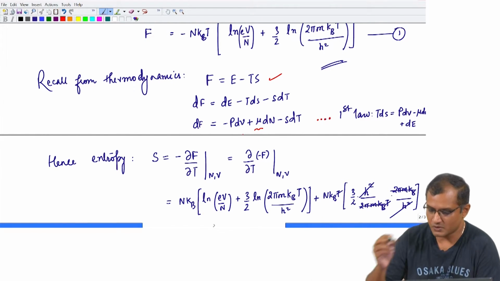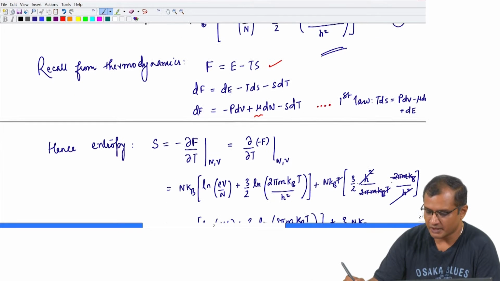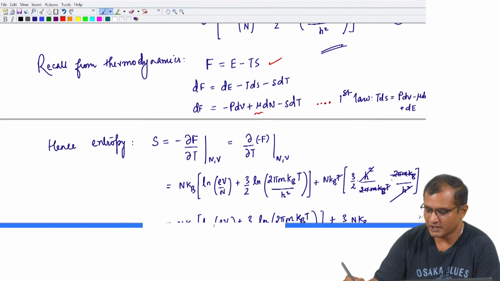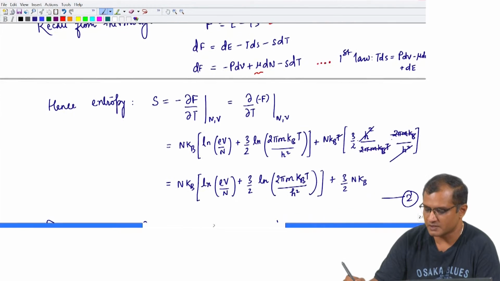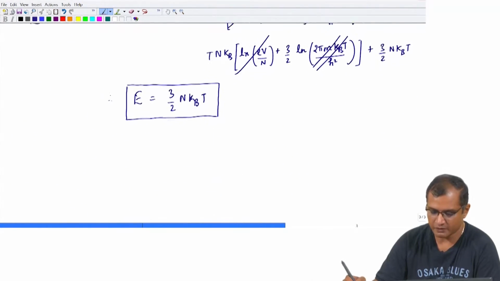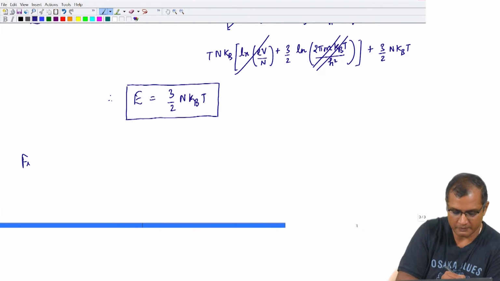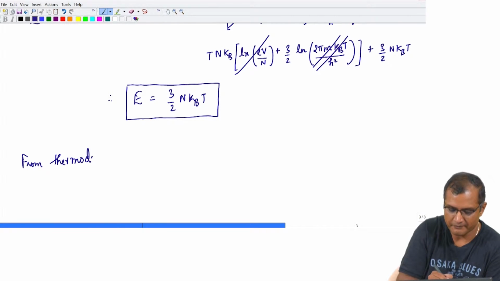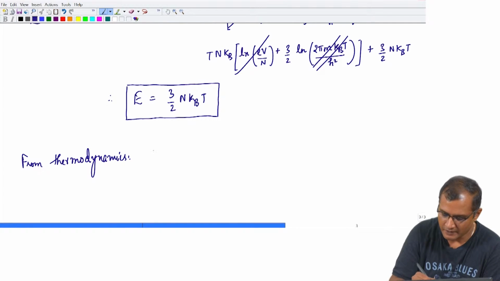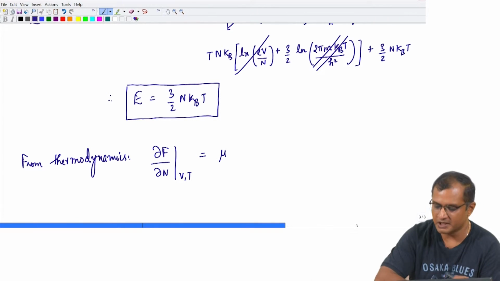So, from thermodynamics, the derivative of free energy with respect to N at constant volume and temperature should give me the chemical potential.